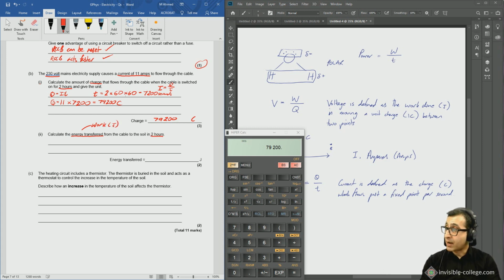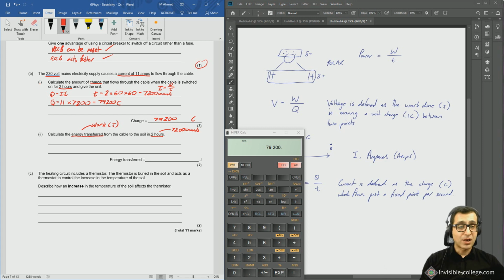We have the time in hours, but we've already calculated that 2 hours is equivalent to 7,200 seconds in standard units. Always use standard units in your calculations in your equations. So what we need is something that can allow us to calculate the energy transferred versus the time taken, given that we've just calculated the charge that's flowing.